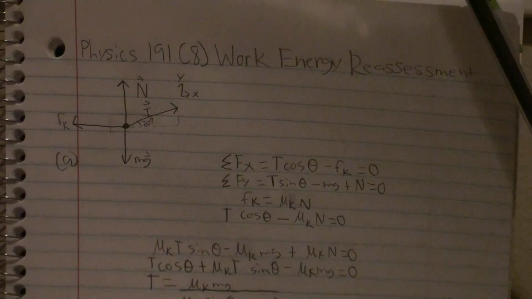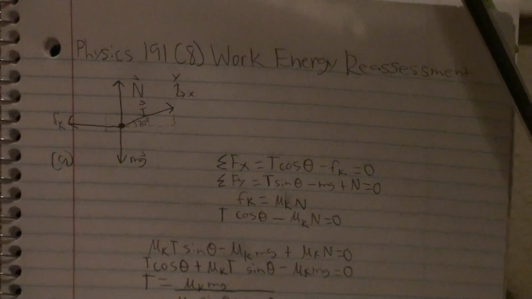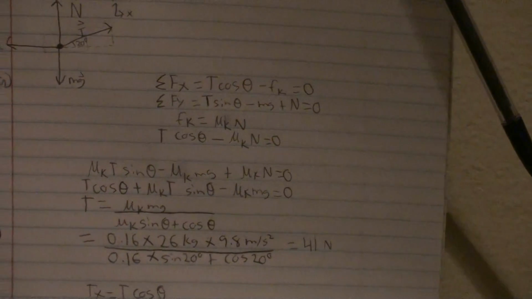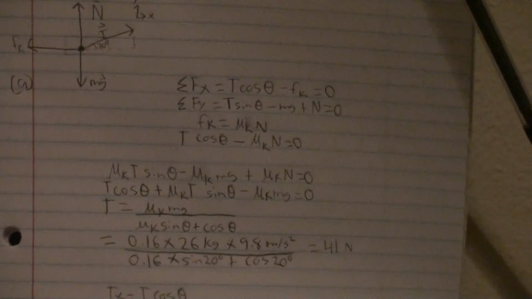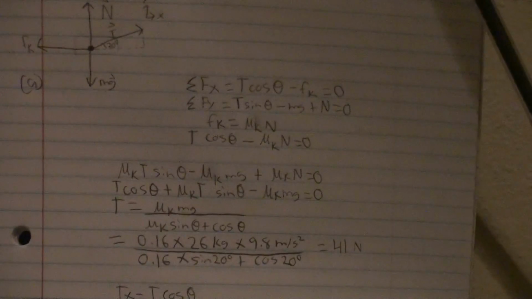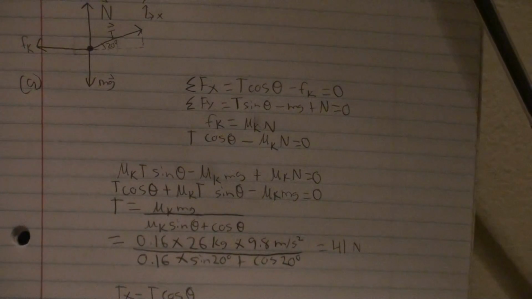So the force of kinetic friction is f sub k equals mu sub k times N. And then all I did was substitute this equation into the first equation, the sum of the forces in the x direction, to get T cosine theta minus mu sub k times the normal force equals 0.